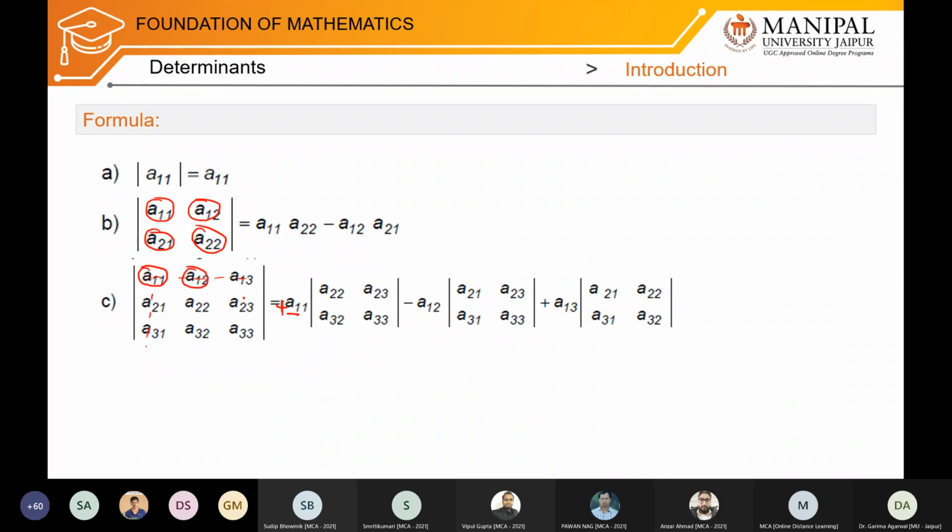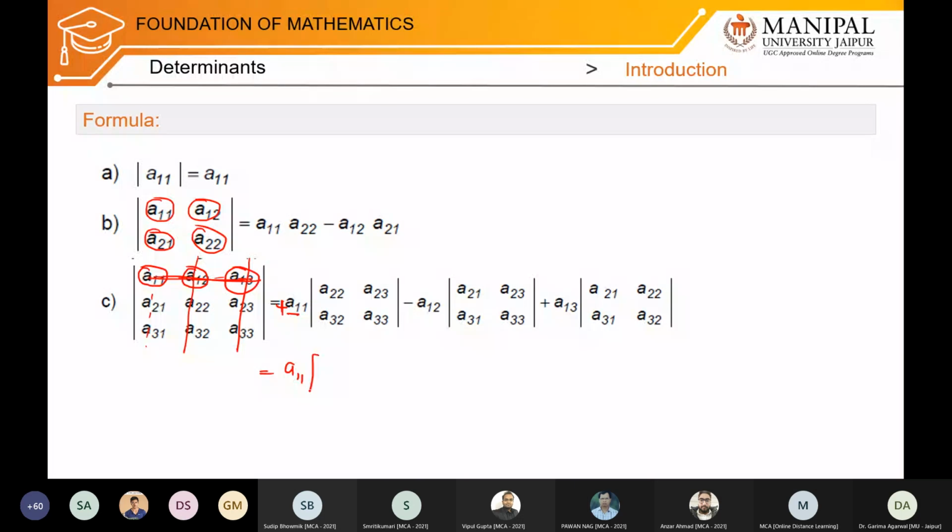Then we'll write A12 with a negative sign, because we need to write alternate positive and negative signs. For A12, we hide the row and column in which A12 exists and write the remaining elements in determinant form. Same with A13, we hide the row and column in which A13 exists and write the remaining elements.